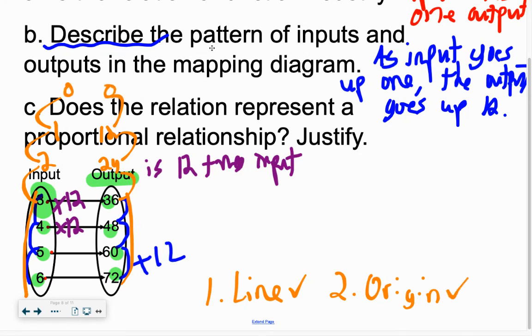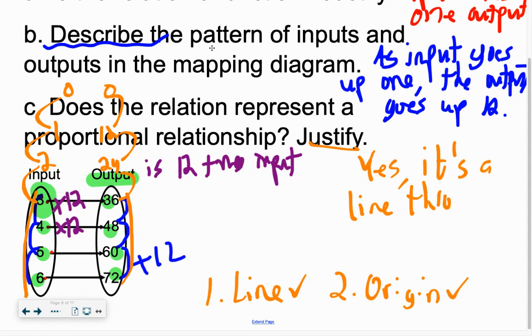So yes, we do get to the origin. So it says, does the relation represent a proportional relationship? Does it have a direct variation? You can say yes then to this one. And justifying, you just say what it is. It's a straight line through the origin. So that works. That is your reasoning.